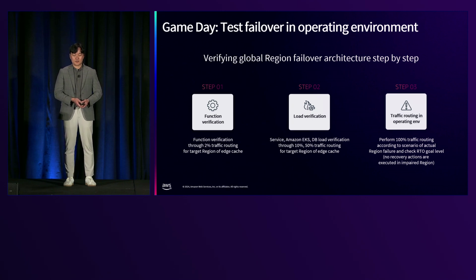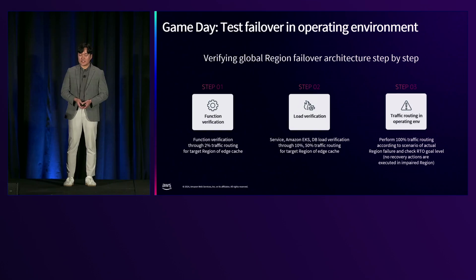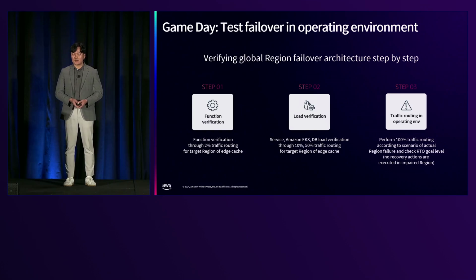Our verification process involves functional testing to verify the proper functioning of the global disaster recovery architecture, and stress testing to assess its resilience against heavy traffic load during disaster recovery. These tests were conducted in line with the standard development validation procedures.